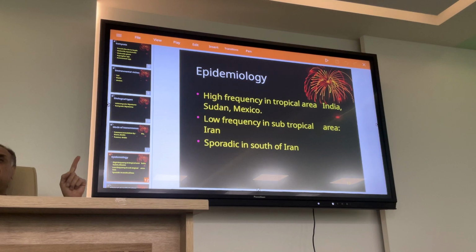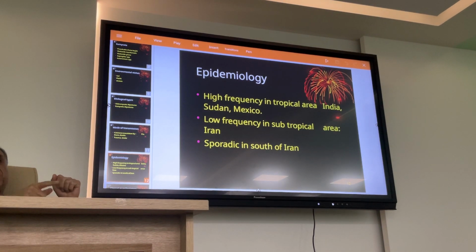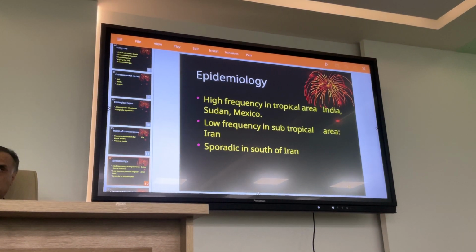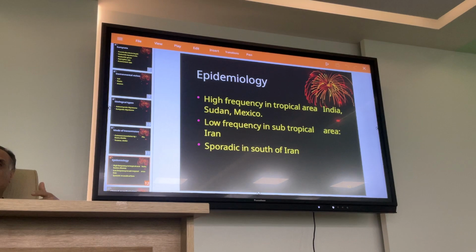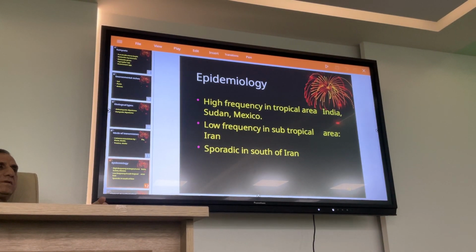Another epidemiological factor is age. There isn't any sensitivity difference, but you find a high frequency in middle age, from 20 to 50 years old, because in this age group the workers and farmers are exposed to soil, and may have wounds and injuries in the skin.